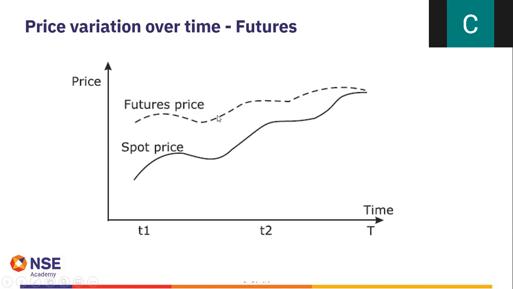As time progresses, the daily settlement will happen at this futures market closing price. But on the expiry, definitely these two prices will merge, the spot and futures price, and the final settlement will happen on the closing price of the spot market price. Hope it is clear.